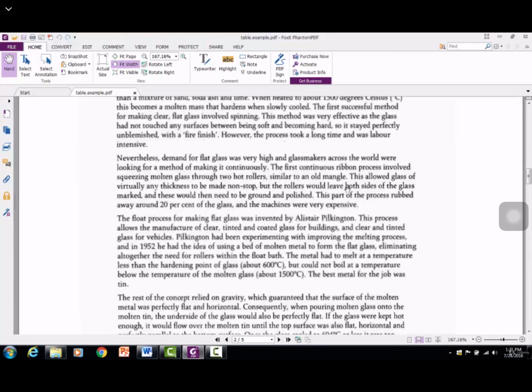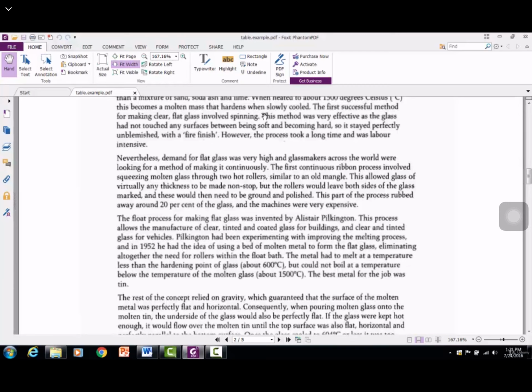But the rollers will leave both sides of the glass marked. Oh, so the glass was marked. And these would need to be ground and polished. So the glass was marked. There's the answer right there. M-A-R-K-E-D. Marked.